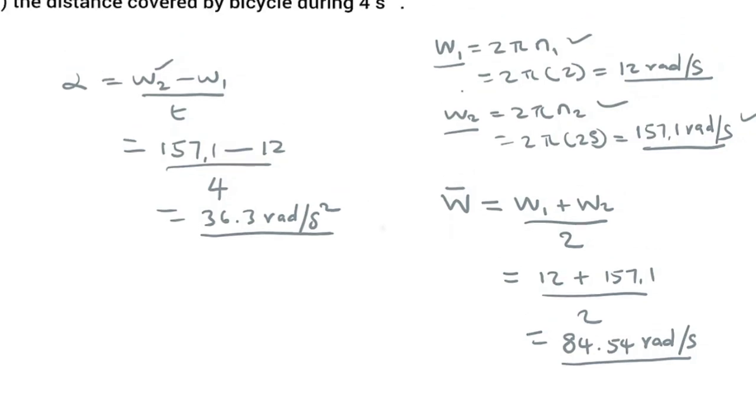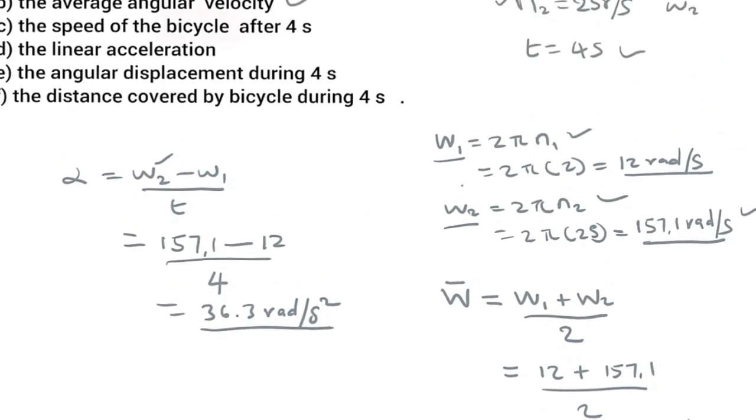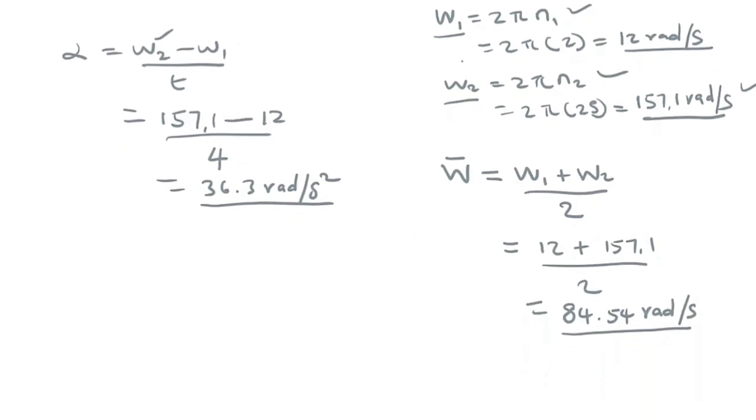Now the statement says, let's calculate the speed of the bicycle after 4 seconds. After 4 seconds means here we will only use angular velocity 2. We will not use angular velocity 1 because they said after 4 seconds. Here they say the speed, that means they are looking for the linear speed.